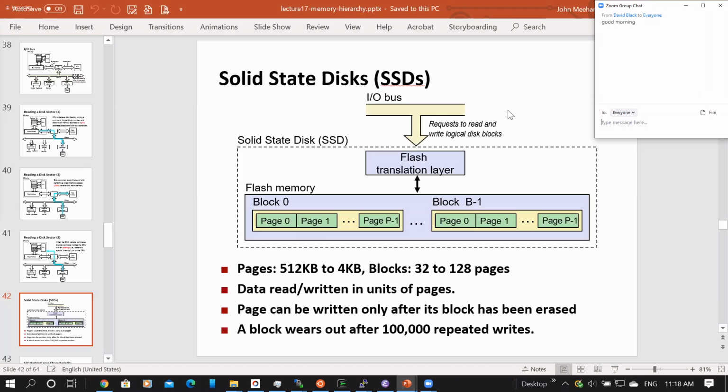But in order to write something in there, it's a little strange. What you have to do is suck the whole block up into a buffer, and then write what you want to change into the page where the change is going to happen. Then you have to erase the whole block. It's electrically erasable read only memory.